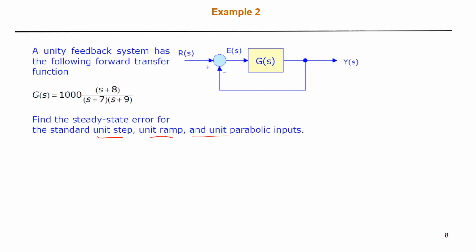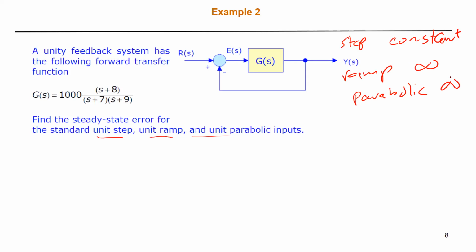So what do we expect the error will be? For the unit step, I think it's constant. Okay, it's constant. How about ramp? Infinity. Yes, steady state error is infinity. And for parabolic, definitely infinity.